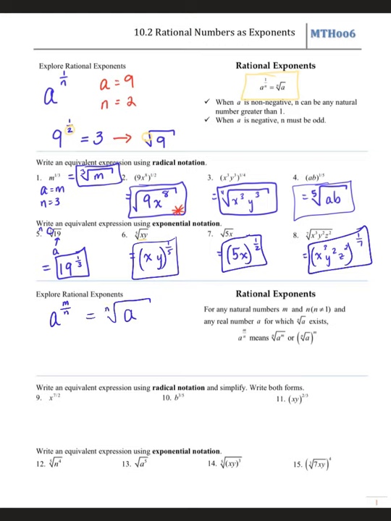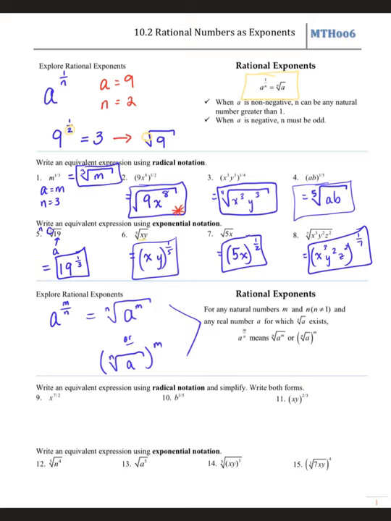But now what we're going to do is take that numerator, the m, and place it as the exponent. The other way that we can write this is the nth root of a, and then we can raise this whole thing to the mth power. Now everything to the right there, I just wanted to walk you through it.